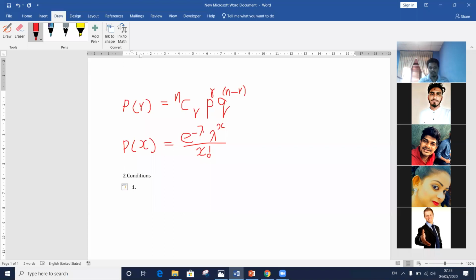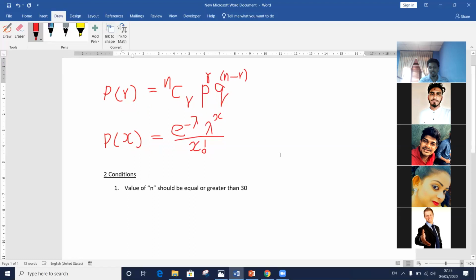The condition number one is that the value of n should be equal to or greater than 30. The value of n should be 30 or more.